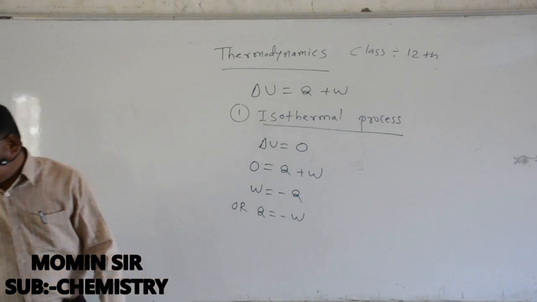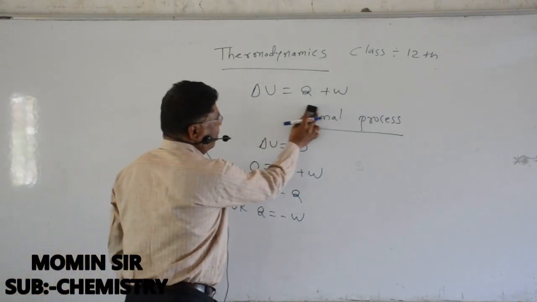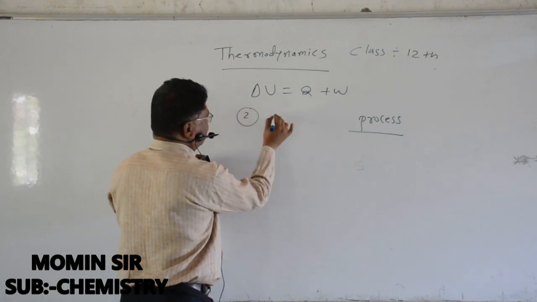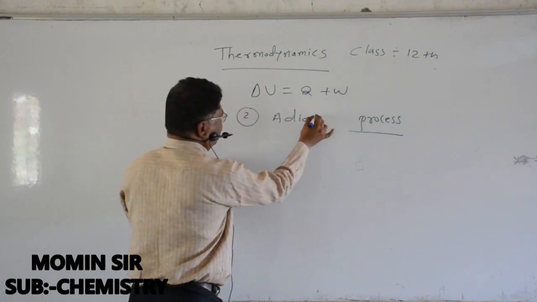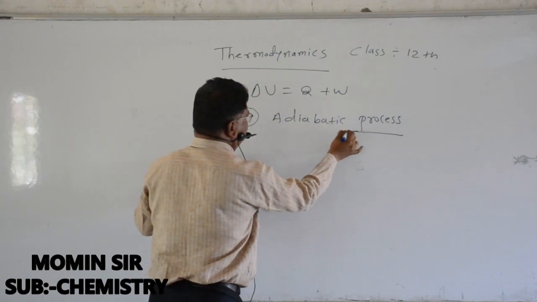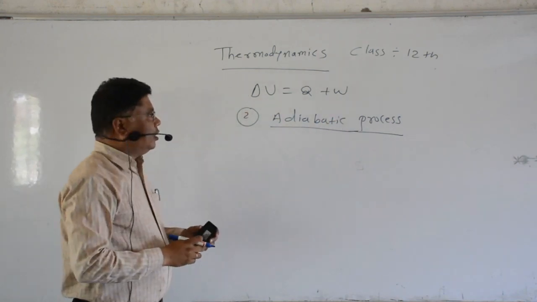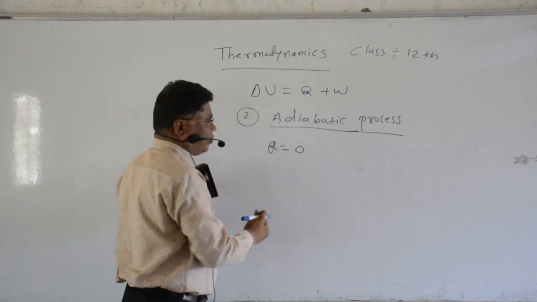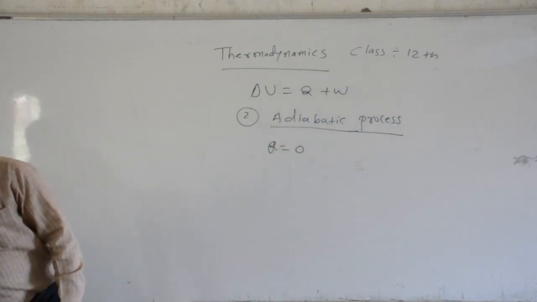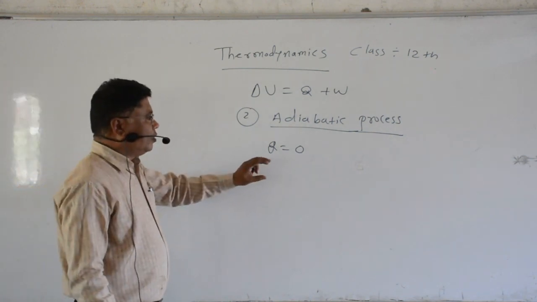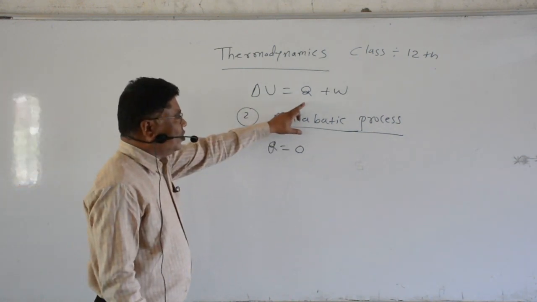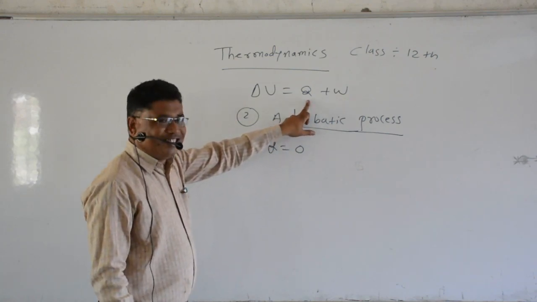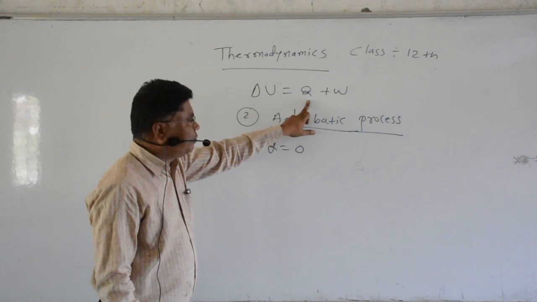Now, second process, that is adiabatic process. You know that in adiabatic process, Q is equal to 0, which means there is no exchange of heat. Q is the symbol used in thermodynamics for heat.